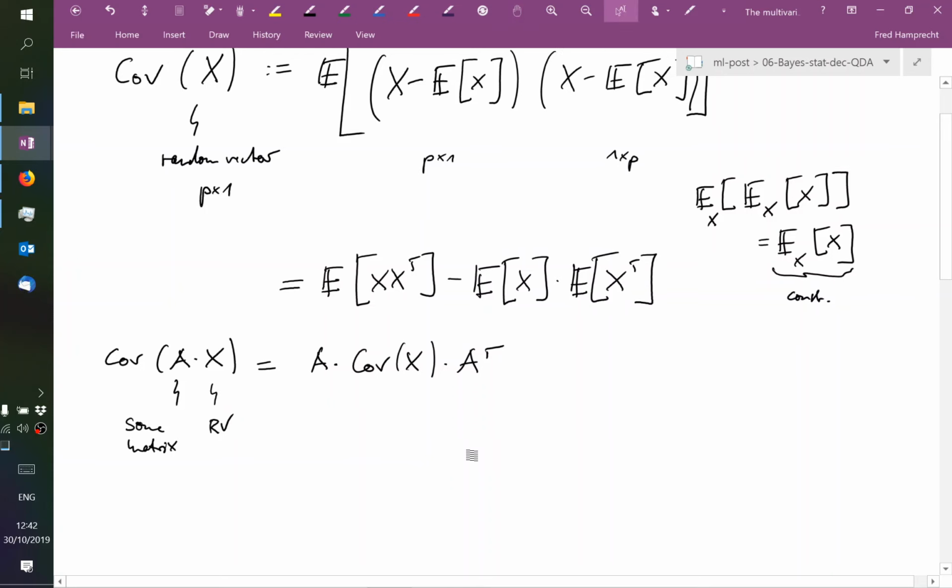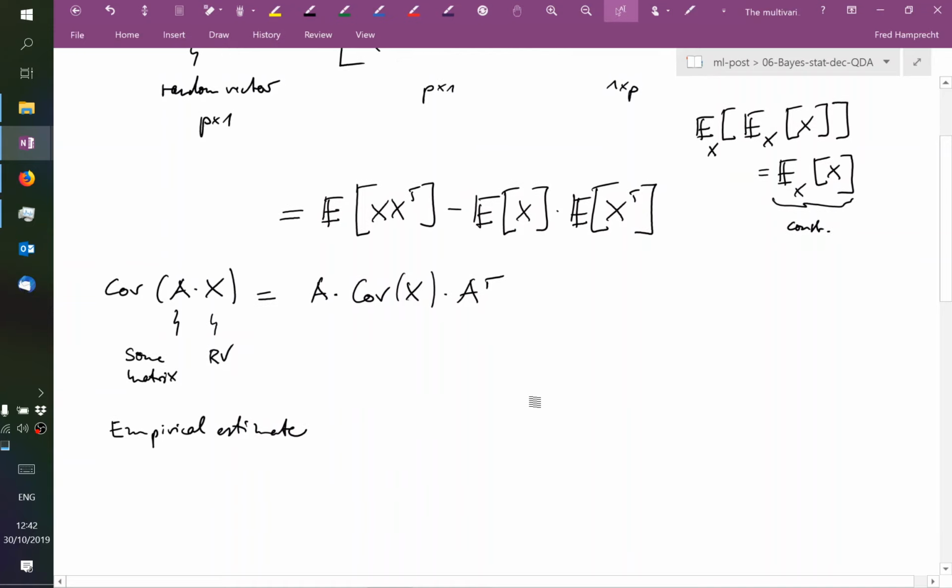And if you want to estimate it empirically, then you can use 1 over n minus 1 times S, where S is the scatter matrix that we've seen, I think, in the first week when we were discussing PCA. So this is X times the centering matrix.